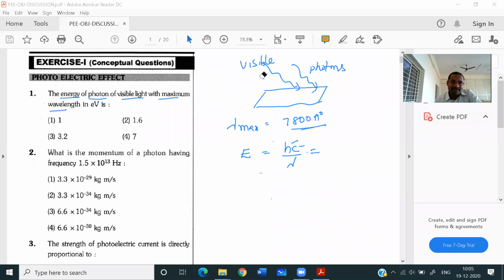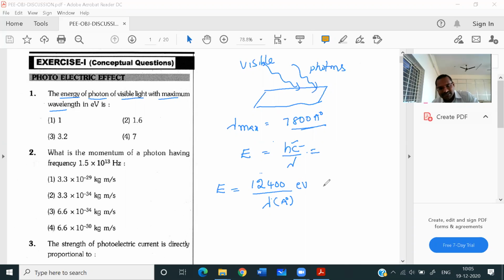We calculate the h and c values and keep this value. I already explained this while explaining the chapter. The energy can be written as 12,400 divided by lambda, where lambda is taken in angstrom, and the energy comes out in electron volt, not in joules.